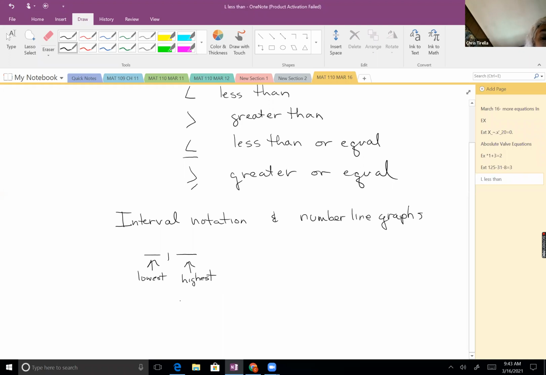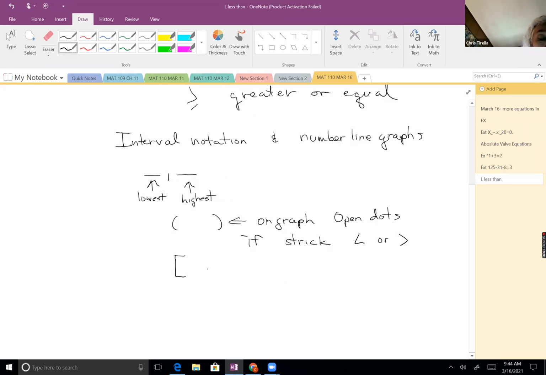We said that we could use soft parentheses, which would be like open dots on the graph, if the inequalities were strict, less than or greater than.